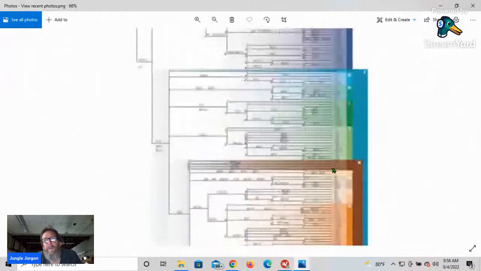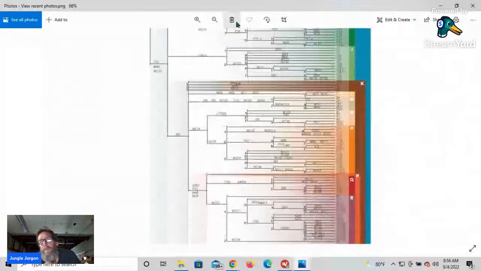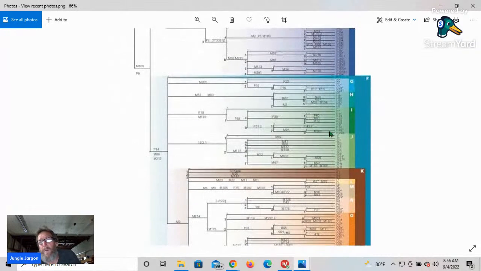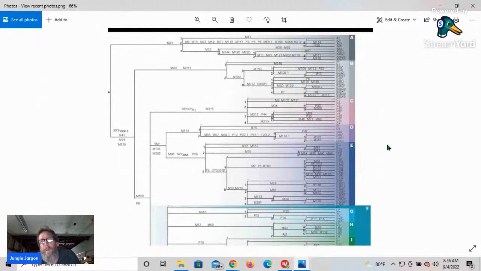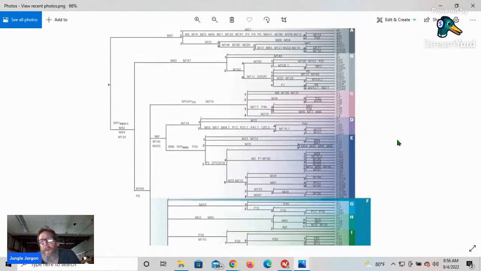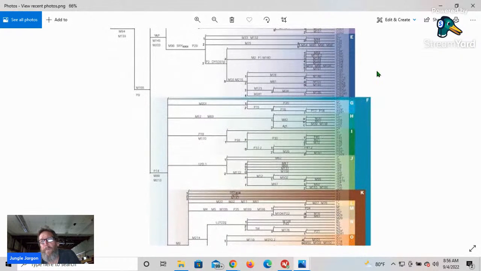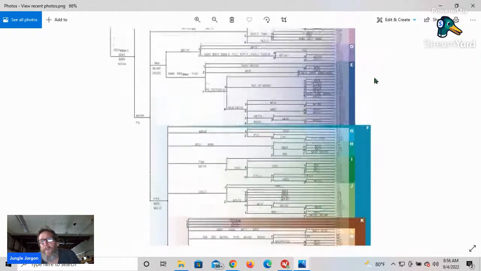This is my new, I guess it's the most recent phylogeny of the human Y chromosome. I was trying to explain the difference between BT, CT, and CF, and the other ones.